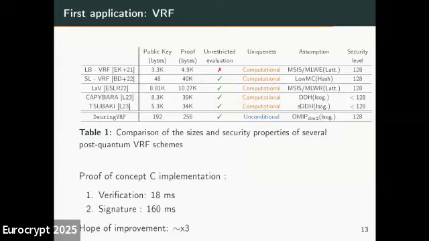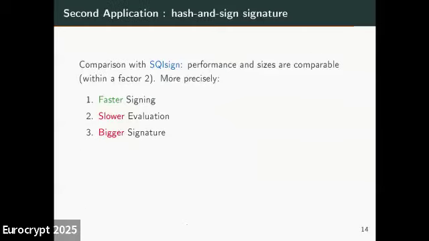We can build a VUF or a VRF almost as efficiently as a signature from isogenies, whereas if you use lattices, you're much less efficient in building a VRF than building signatures. So the gap is much wider here, and this means isogenies may actually be a very promising candidate for this type of construction. The second application I have from this VUF is a hash-and-sign signature.